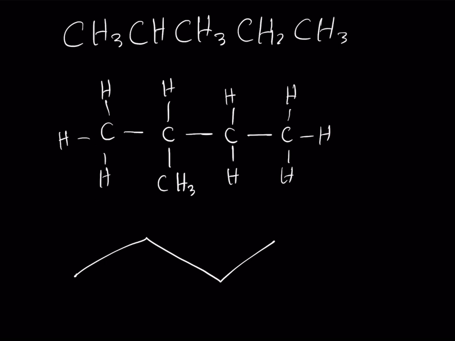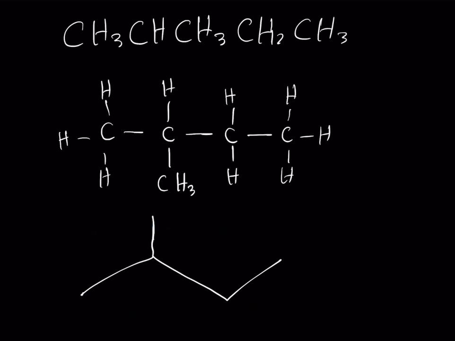A methyl in bond line is just going to be a line, because it's assumed that at the end here you're going to have a carbon, and it's only bonded to one thing, so the other 3 are assumed to be hydrogens, which is the case here, 3 hydrogens.